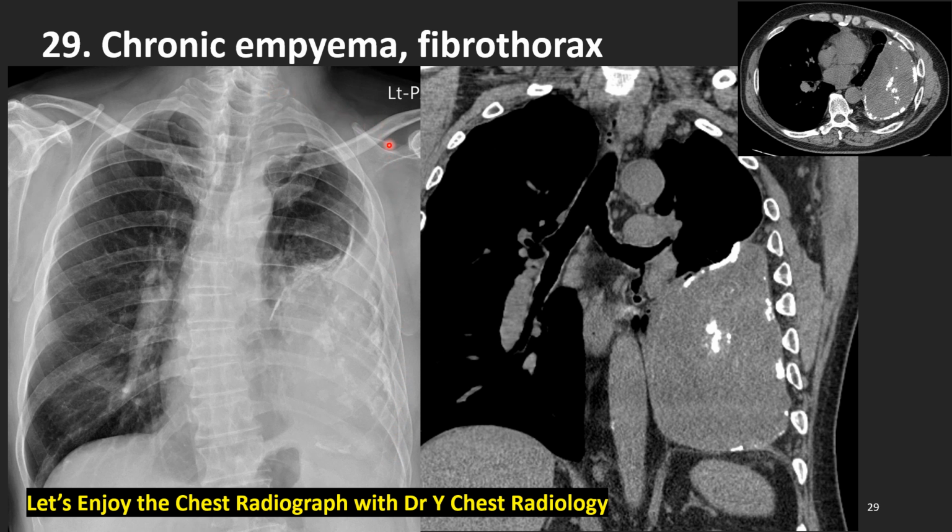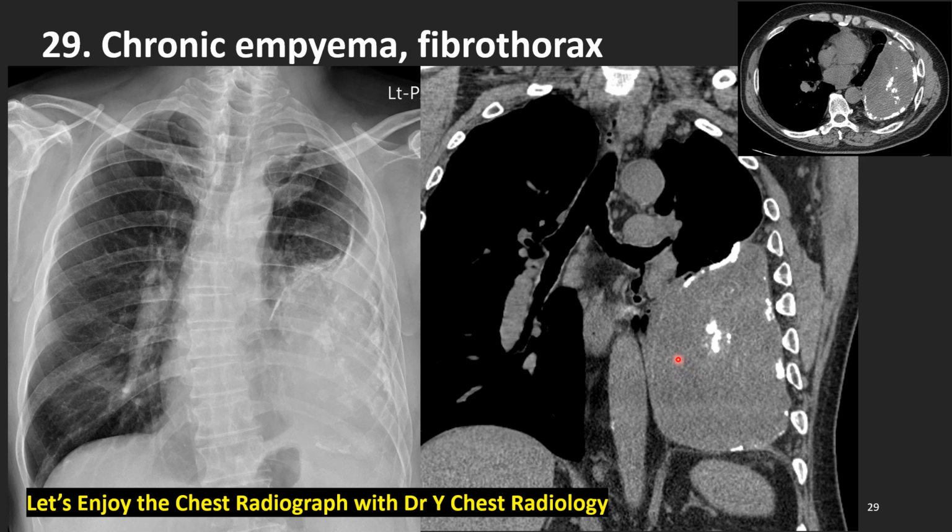Yes, the left side thorax is smaller than the right side. There is an apical pleural thickening with calcifications and very large pleural thickening with dense material with peripheral calcifications. This is chronic tuberculosis empyema.